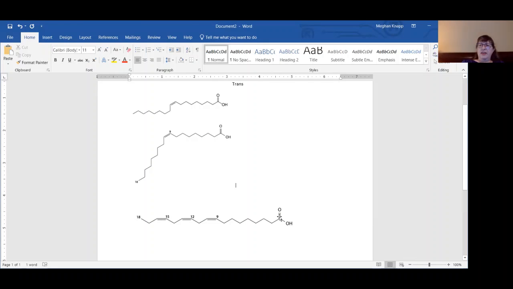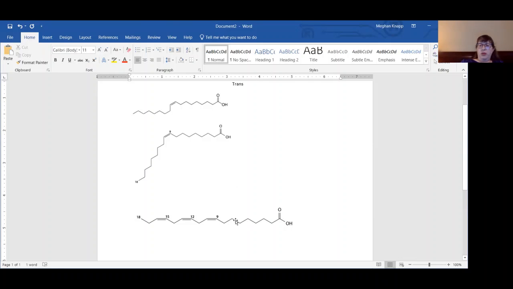We're going to call that the alpha end, which is the first letter of the Greek alphabet. So it's like the A end. And the other end is like the Z end. Well, the last letter of the Greek alphabet is omega. So if we start counting at the omega end, we're going to get different numbers. But the way this is numbered here, it's counting from the alpha end.